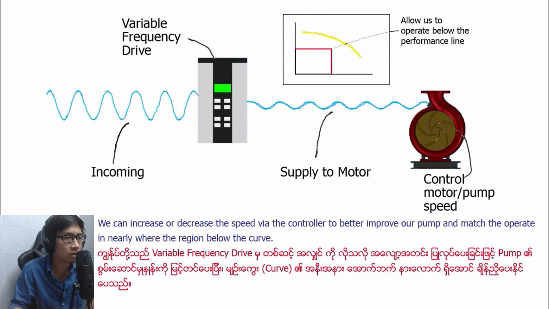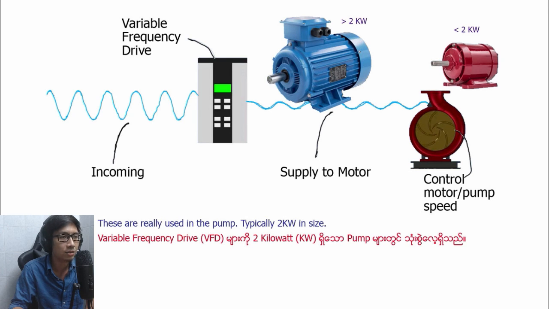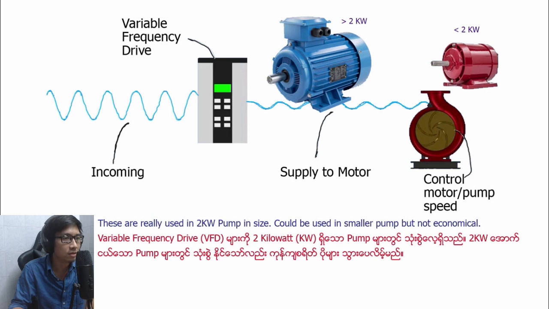We can increase or decrease the speed via the controller to further improve our pump and match the operating point nearer to the region below the curve. These are really used in pumps typically 2 kW and above, but could be used in smaller pumps, though not economical.